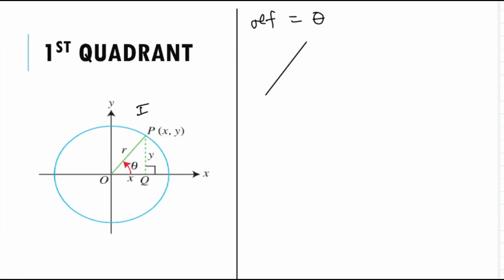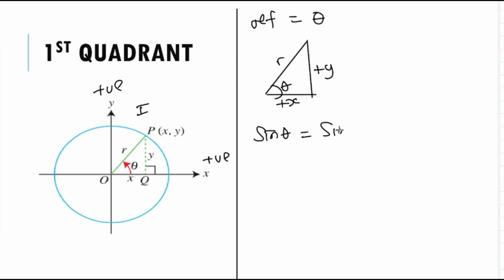So if we bring out this triangle and draw it out very well, you will see that this is the positive side of x and this is the positive side of y. Both x and y are positive, and this is our angle theta, and this is r. So sine theta is positive, equal to opposite over hypotenuse, y over r.